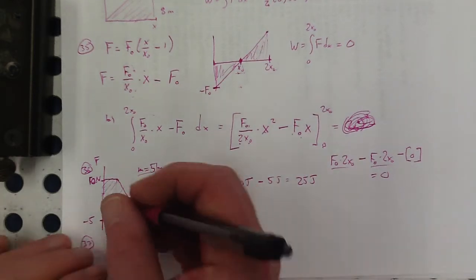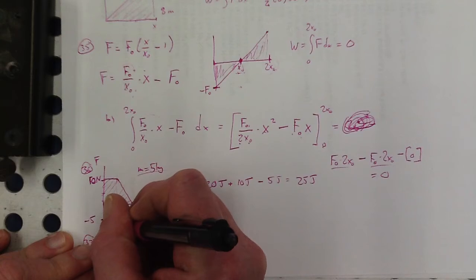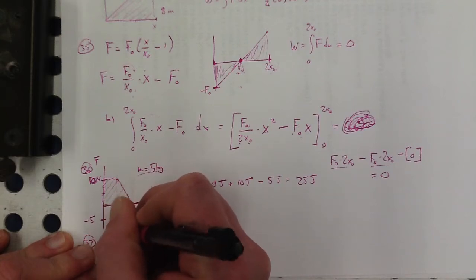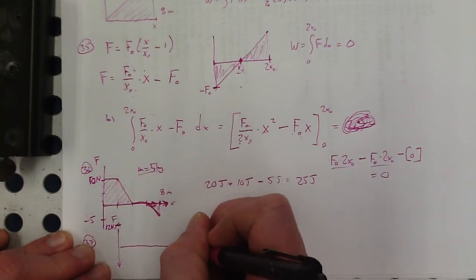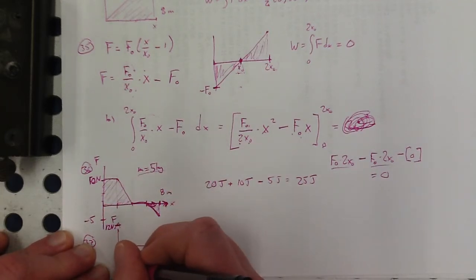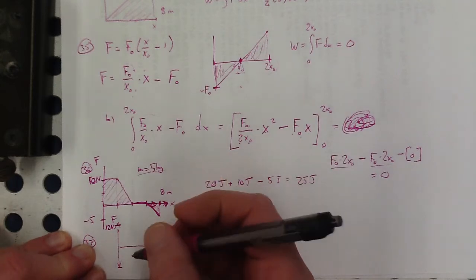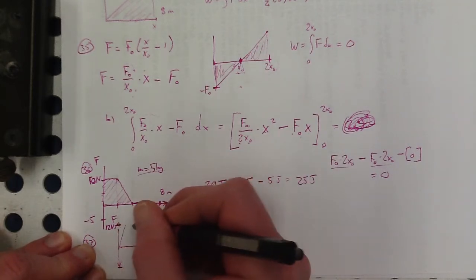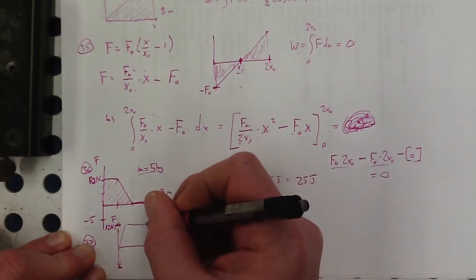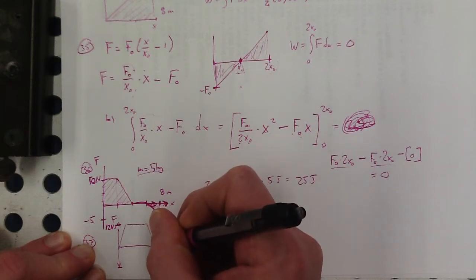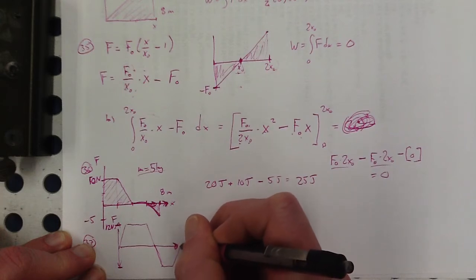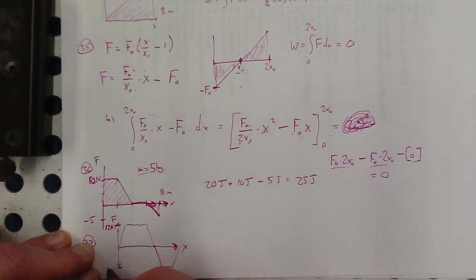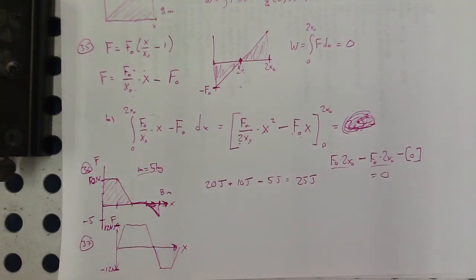So I'm just going to get right down to business here and multiply this whole axis by the mass and turn it into a force versus position graph, because that's what we want. I'm going to try to do my best to make a little sketch of this. My graph's a little sketchy there.